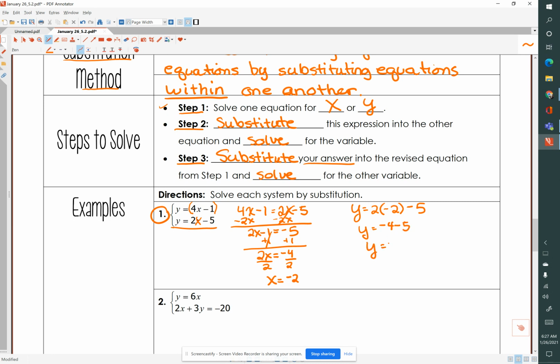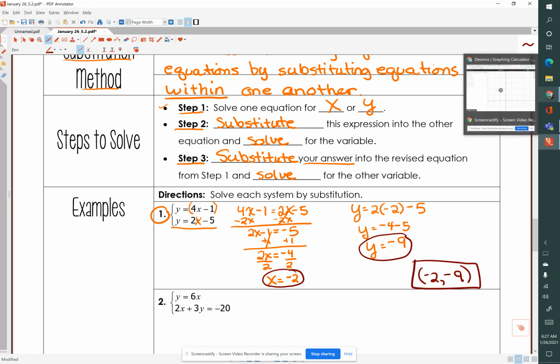And y equals negative 9. So we've got now an x value and a y value. The solution to this is negative 2, negative 9.